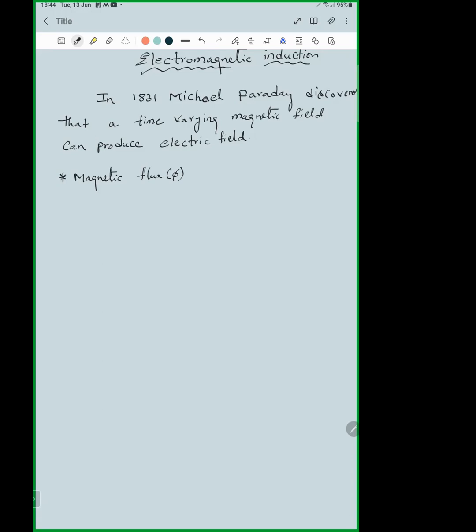The number of magnetic lines of force passing through unit area is called magnetic flux.